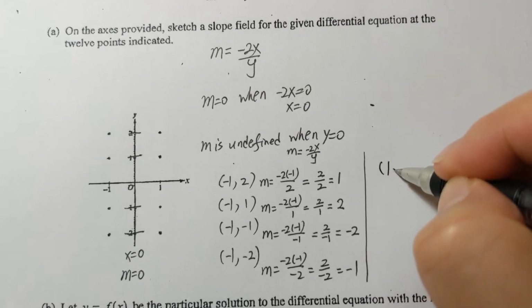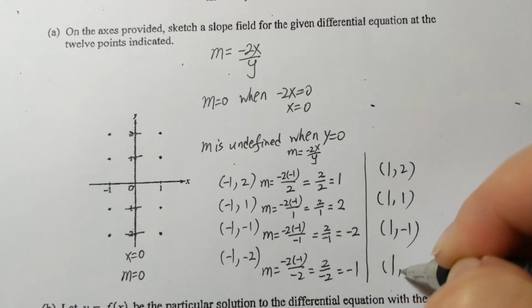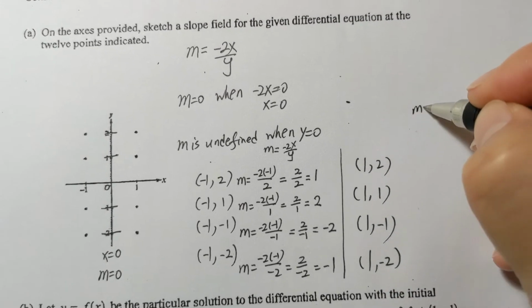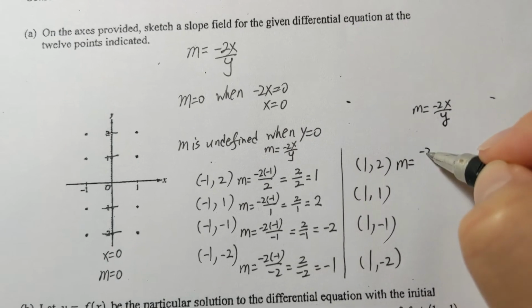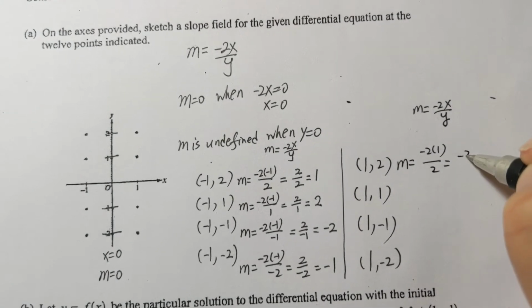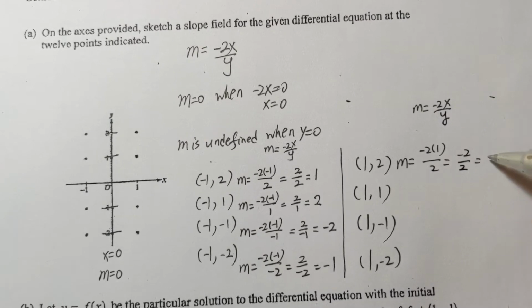So we got 1 comma 2. We still get m equals negative 2x over y. So we get m equals negative 2 times 1 over 2. So we got negative 1.